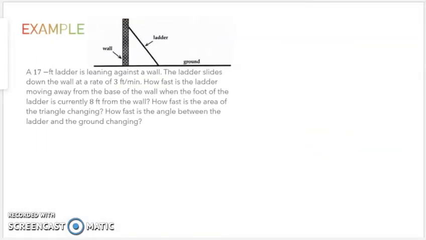It is asking, how fast is the angle between the ladder and the ground changing? The ladder and the ground, so this one. So how fast is that angle changing? Since we are dealing with a right triangle, we can apply SOHCAHTOA that we learned in junior high school.